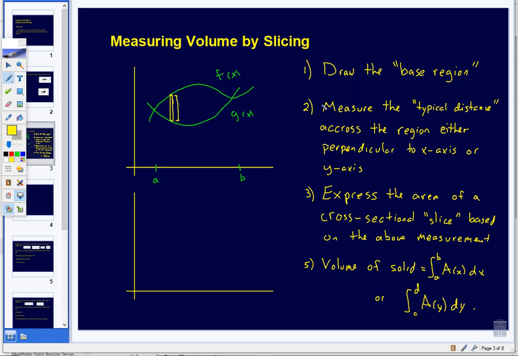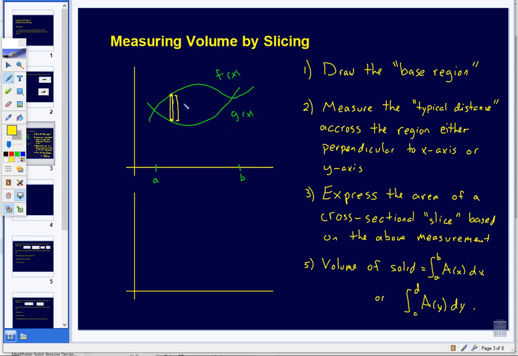So what I call the typical distance across the region is, how do I actually name that distance right there and describe it? Well, that distance will change depending on what value of x between A and B we're making the slice. So that distance is going to be a function of x itself.